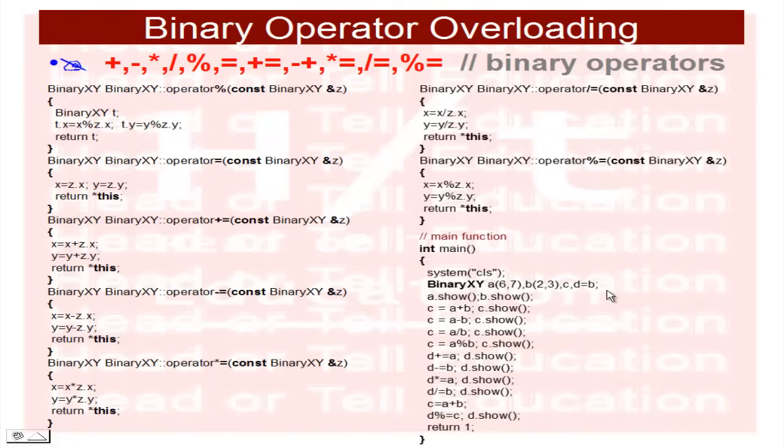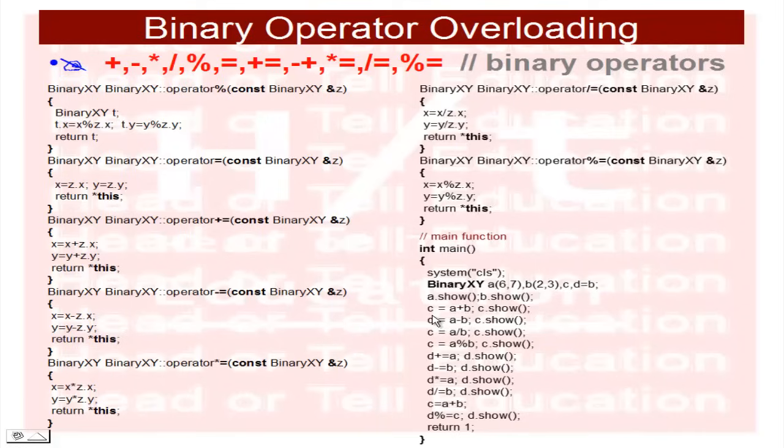So this time I am using the copy constructor. Now here I am calling a.show and b.show. A is showing 6 7 and b is showing 2 3.